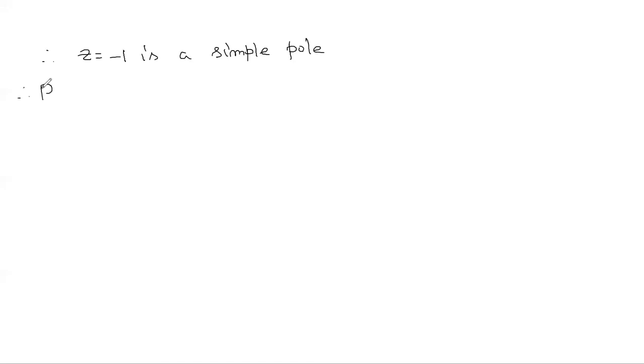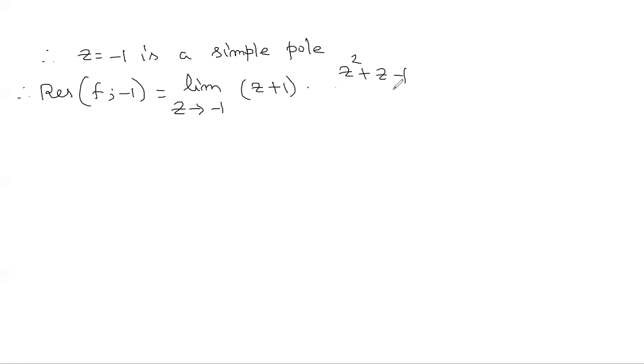So for a simple pole, the residue of f at the point −1, we are getting limit z tends to −1 of (z + 1) into (z² + z − 1) by (z + 1)(z − 1)(z − 3).